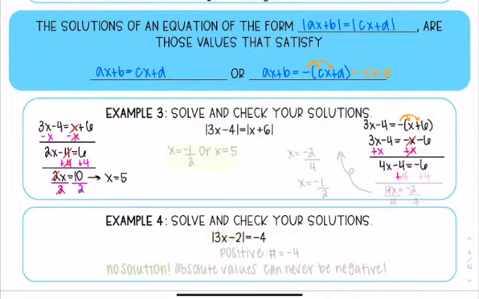Let's go ahead and add 4 to both sides. And so on the left-hand side, it cancels. We end up with 4x equals negative 2. And then the last thing we can do is divide by 4 so that we can get x by itself.